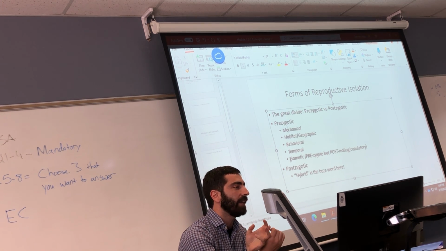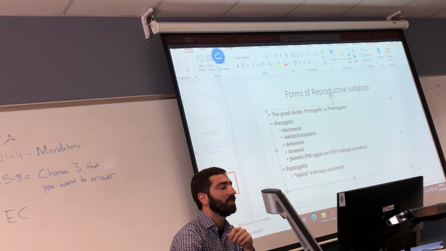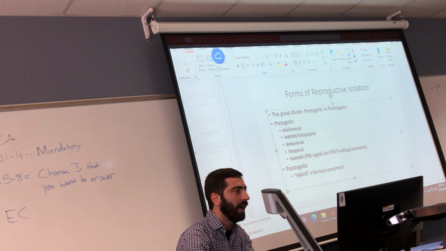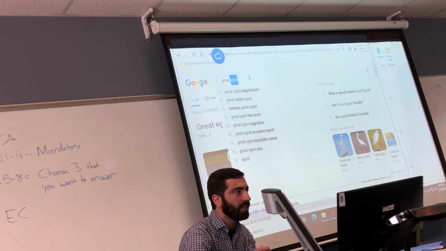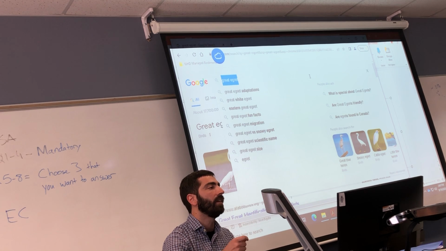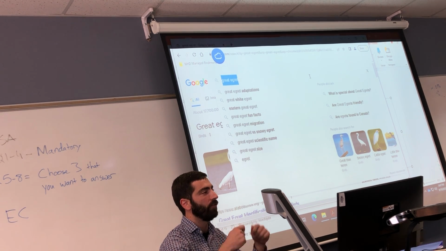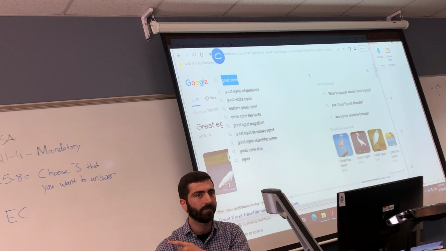The example I like to give is with ducks, different species of ducks. Ducks have very weird reproductive anatomies. Basically, the penis and vagina of ducks are corkscrew shaped.